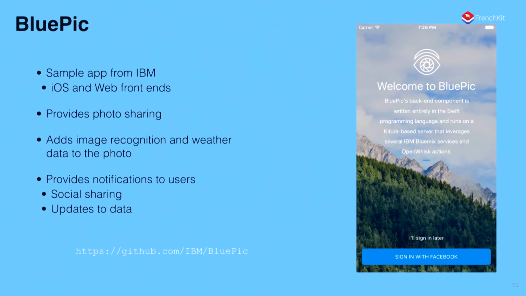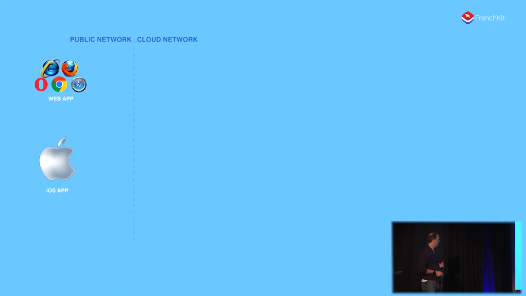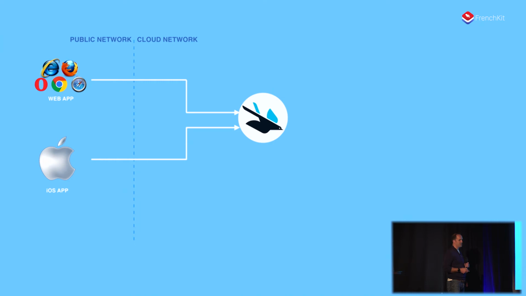And the way that we built this is we have 2 front ends, an iOS app and a web app, and both of those are served by Kitura, a Swift server backend. There's a very good reason for doing this. When you saw with serverless, all of your events are called with a JSON payload, which is converted effectively to a string any dictionary, and you return a string any dictionary.